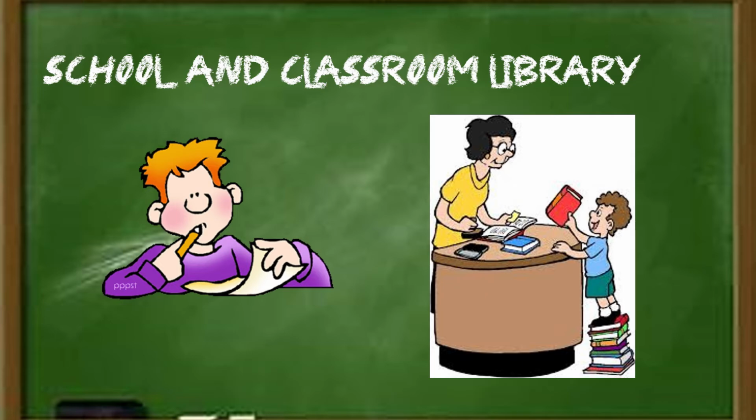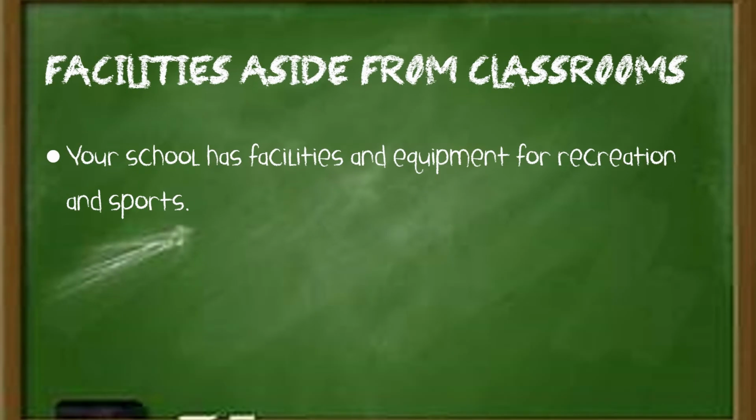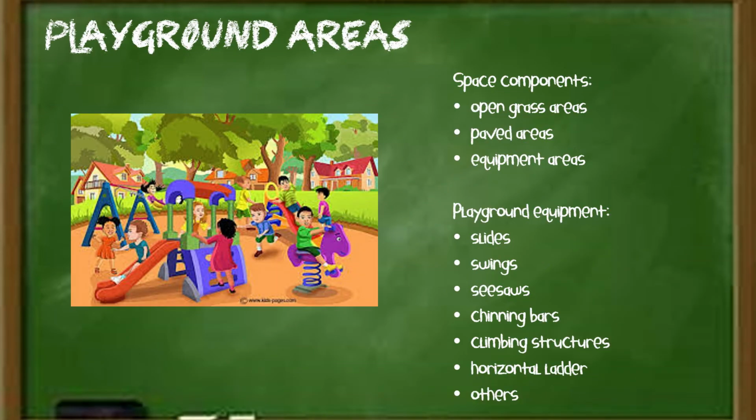Next is, your school has facilities and equipment for recreation and sports. The manual provides for guidelines for playground facilities. Playground areas shall include any or all of the following space components. 1. Open grass areas for group games and other group activities. 2.